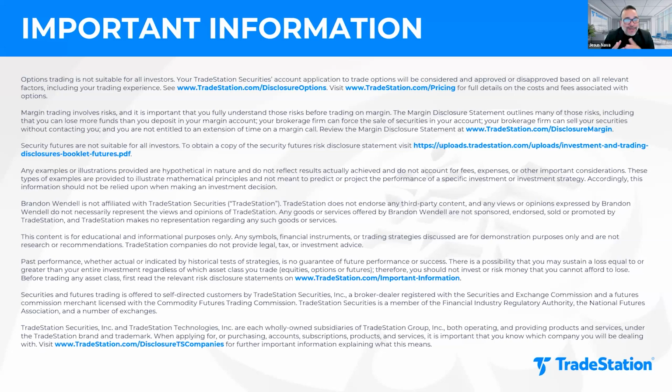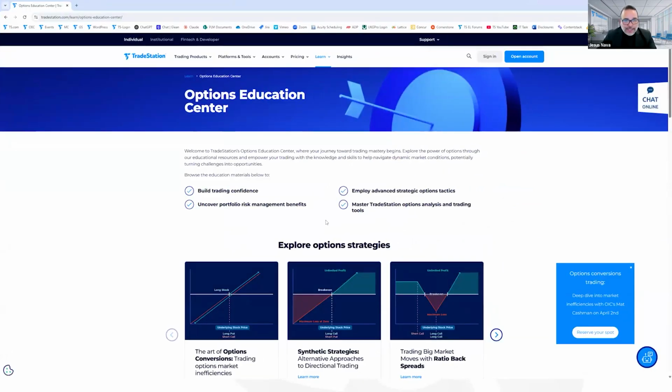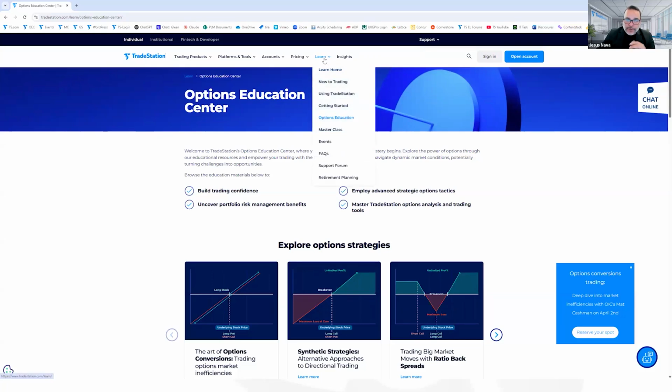But let's go ahead and get started here. One thing that I want to note and show everyone on the screen is our Options Education Center, because we are going to create something very similar for futures. The same way that you can go here to learn on tradestation.com and see options education, we are going to very soon have a futures education section where we are going to host all our futures education material in addition to futures options.